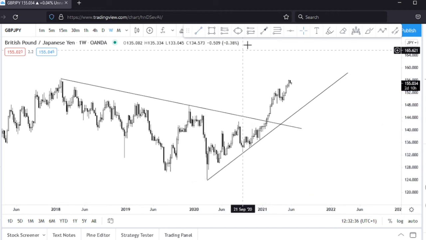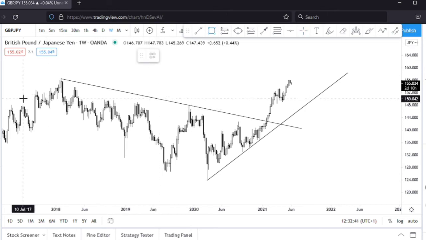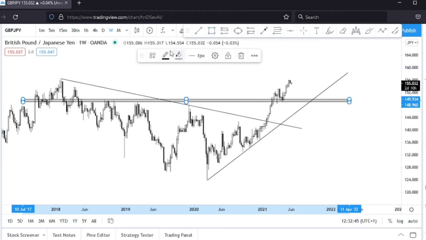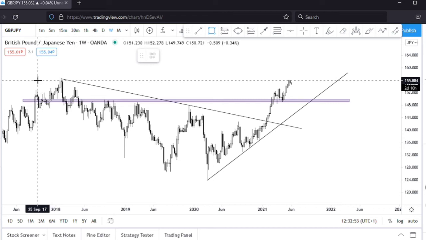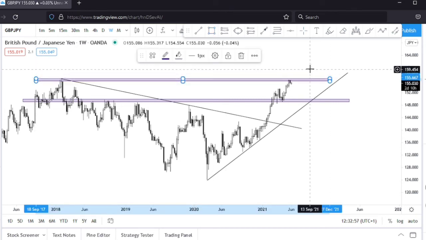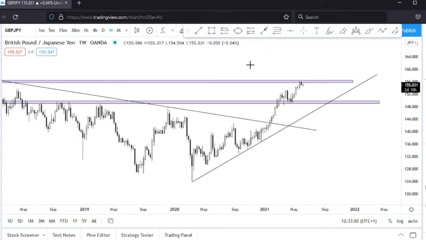We can also see some support and resistance areas that we can easily draw here. Change to purple. And we can get our weekly resistance area. So that's where price is currently at now, the weekly resistance area.